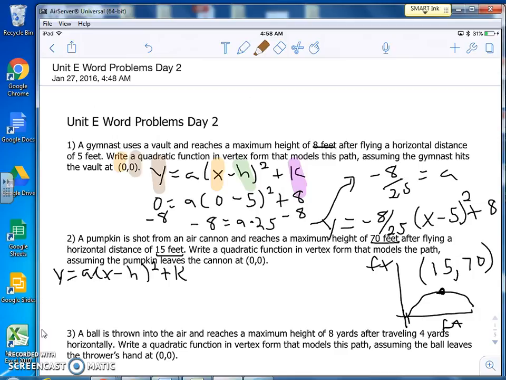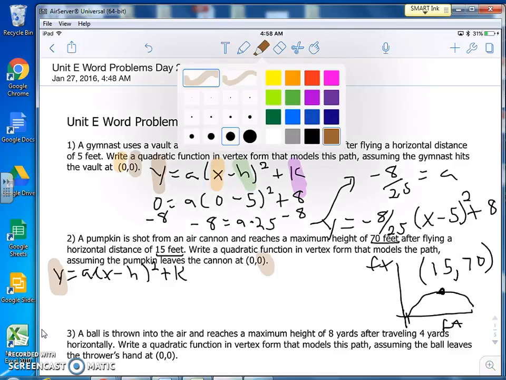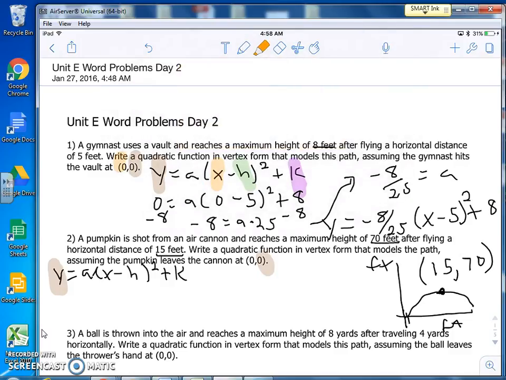And let's do some colors. The y value is from the point they give us, so our y is going to be this 0 here. The a we don't know. The x value is again from the point they give us. And if you're wondering why we don't use this x and y, it's because this x and y is an x and a y, but more importantly, it's our h, k.